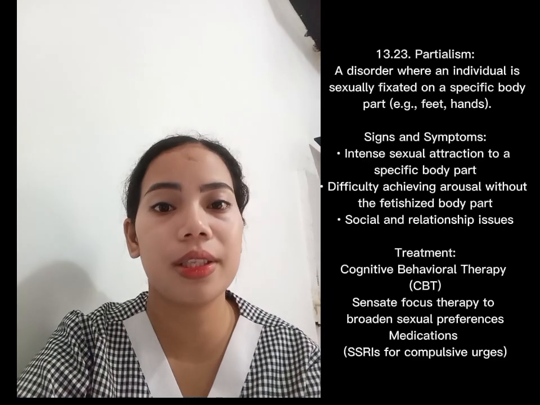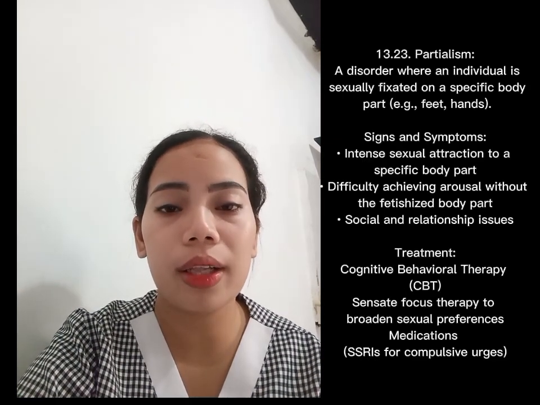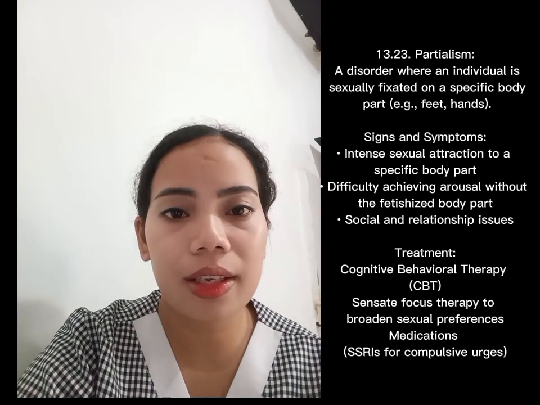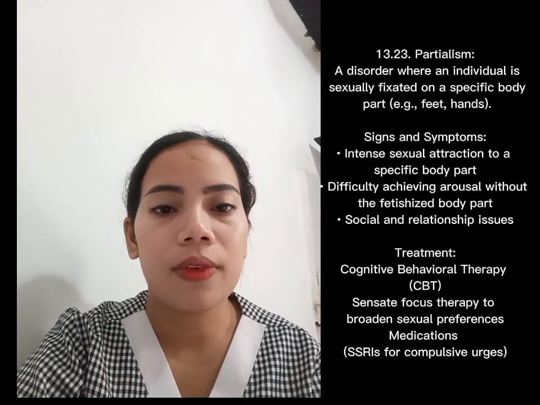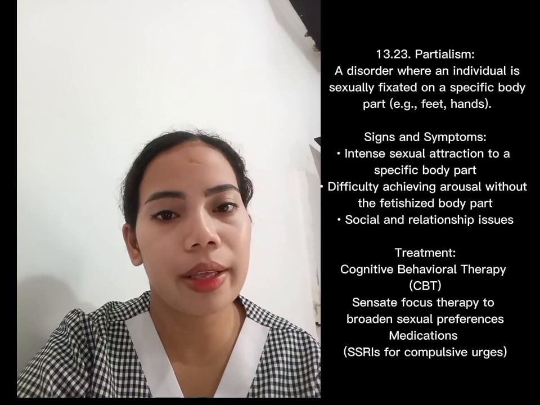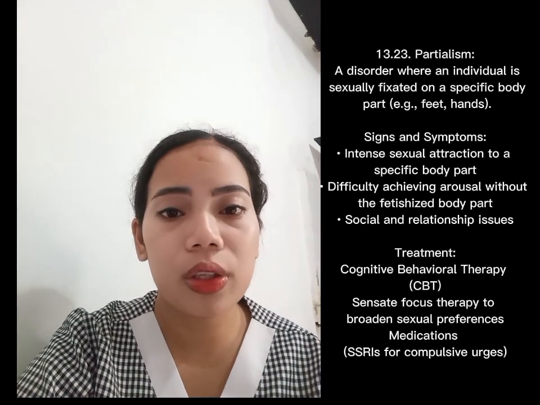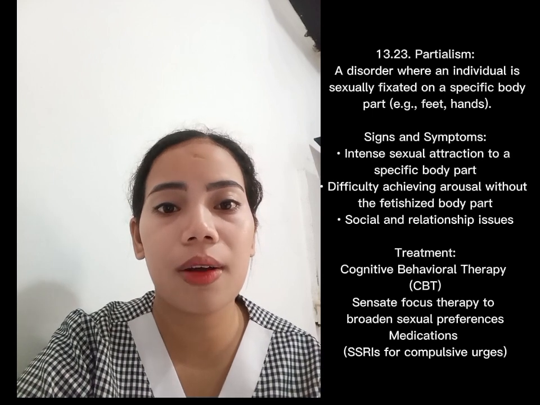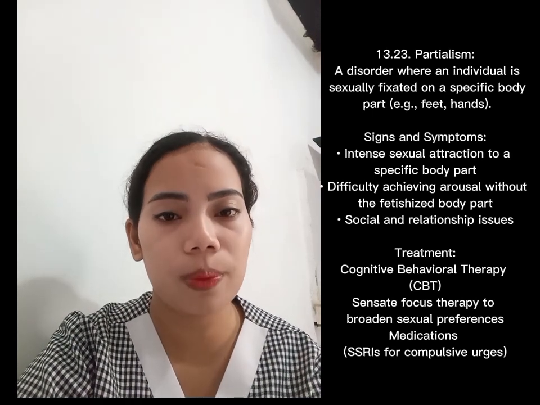And we have partialism, which is a disorder where an individual is sexually fixated on a specific body part like feet or hands. For the signs and symptoms: intense sexual attraction to a specific body part, difficulty achieving arousal without the fixated body part, and social and relationship issues.